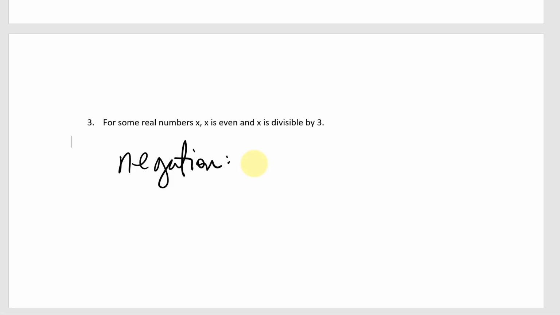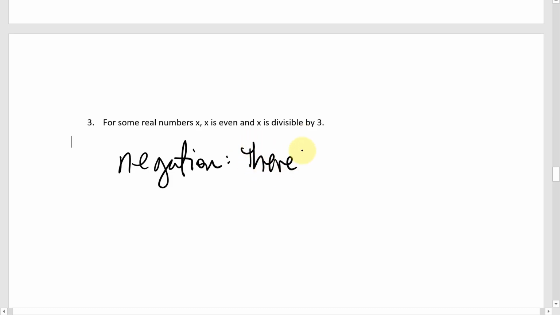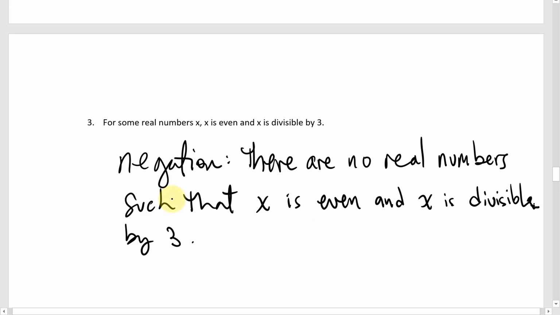This says for some real numbers x is even and divisible by 3. So the negation is: for no real numbers, there are no real numbers. Well, actually, this negation is false if you were wondering about it. You could take 0 as being even, but also divisible by 3.